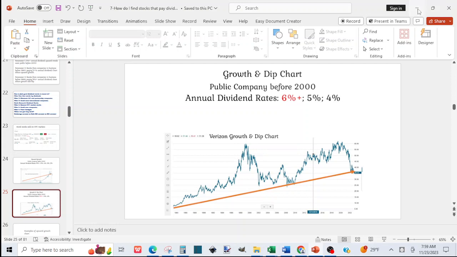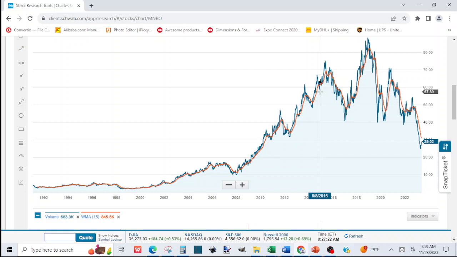So that's how you set your own rules, what you are willing to accept. And it depends on the goal you are trying to reach as well when you are trying to invest in those dividend income stocks. So now for the 3.86% that they are paying, and for how the chart has growth and dip, the good news is that the dip is not pronounced, though the growth is pronounced but the dip is not.